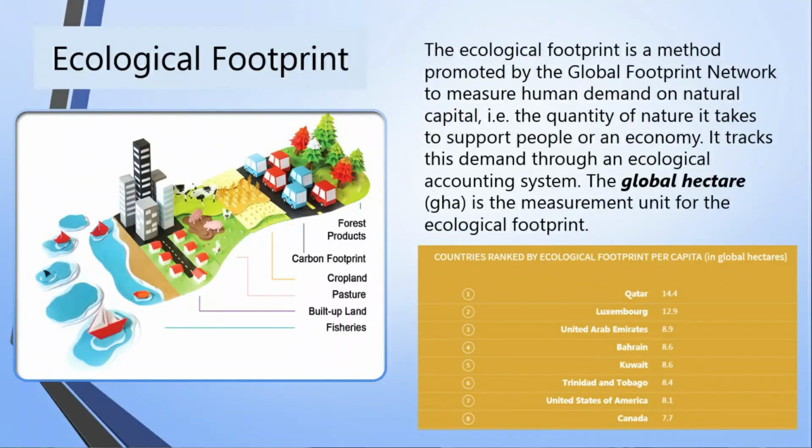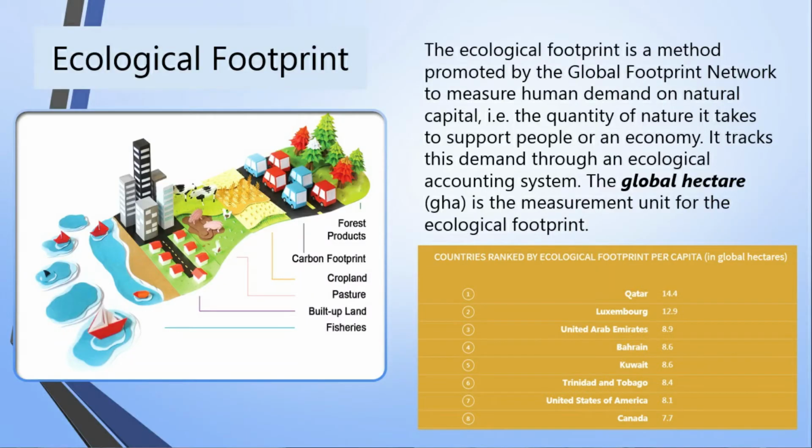As you can see here, there is a small graph with the countries that have the biggest ecological footprint. And as you can notice, the majority of these countries belong to the Middle East geographical area.